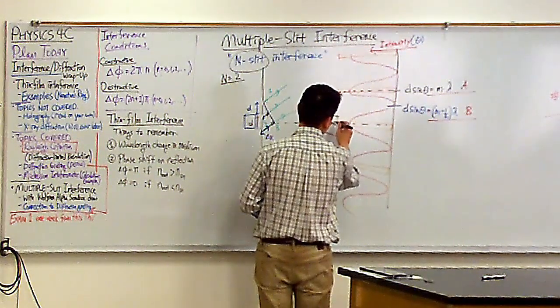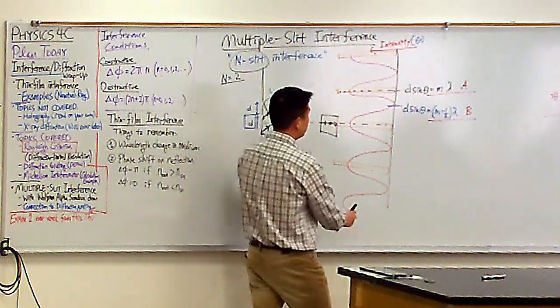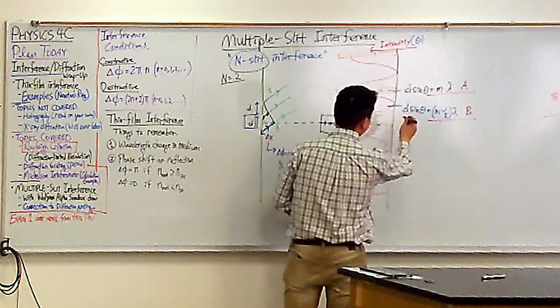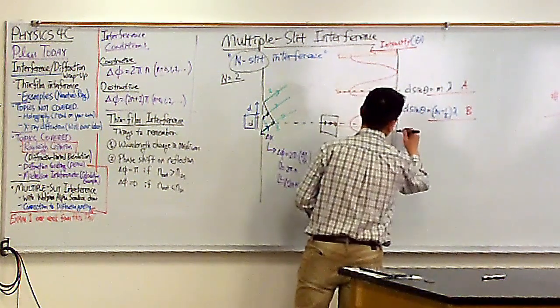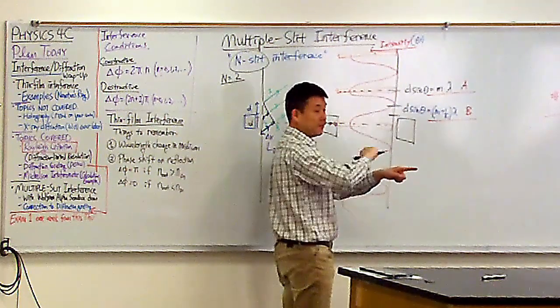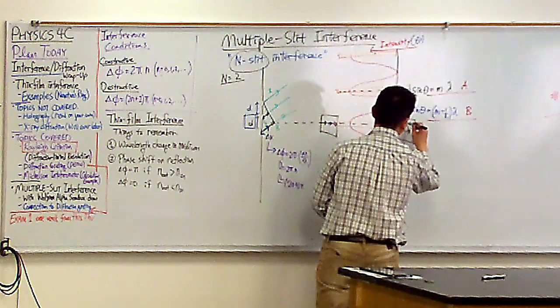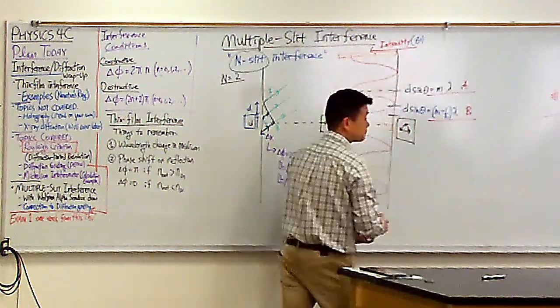Phasor plus phasor plus phasor, they are all going the same direction, they add up in intensity. And the very first minimum you are going to get here is represented by the phasors completing a triangle.